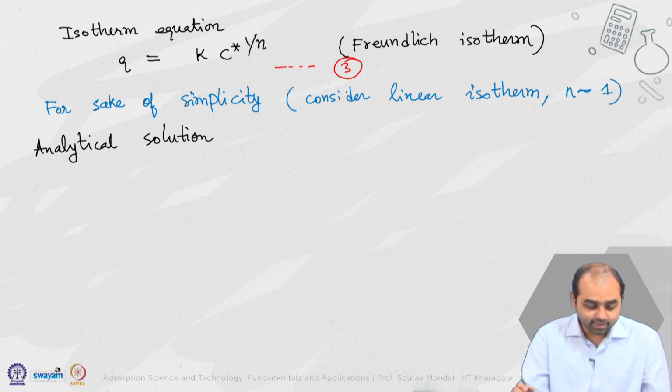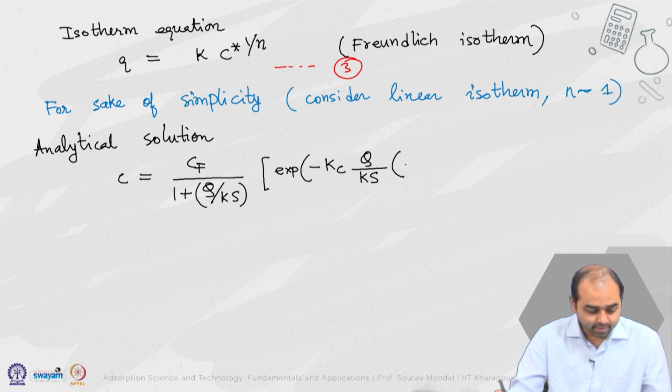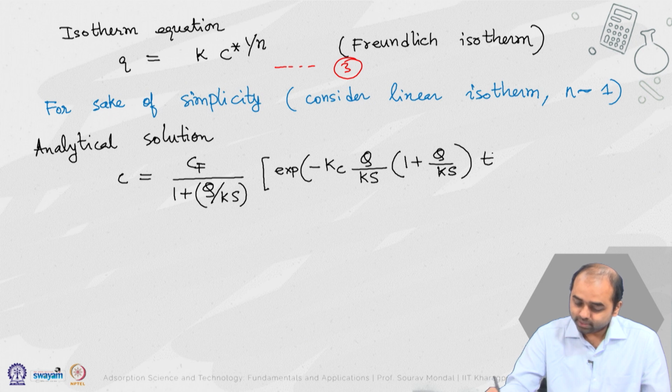So on doing so, the analytical expression is obtained as C is equal to Cf divided by 1 plus Q by Ks, multiplied with exponential minus Kc, Q by Ks, again 1 plus Q by Ks into t.